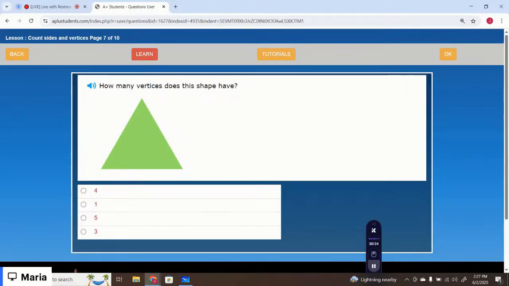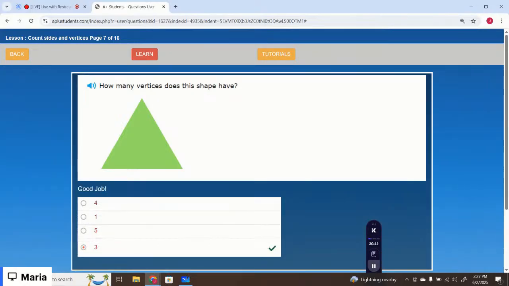How many vertices does this shape have? That is a three-sided shape, a triangle.